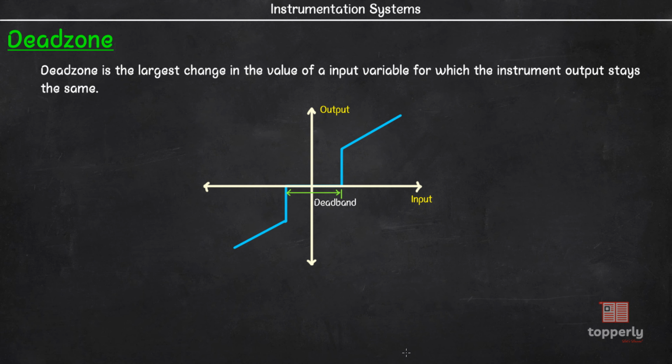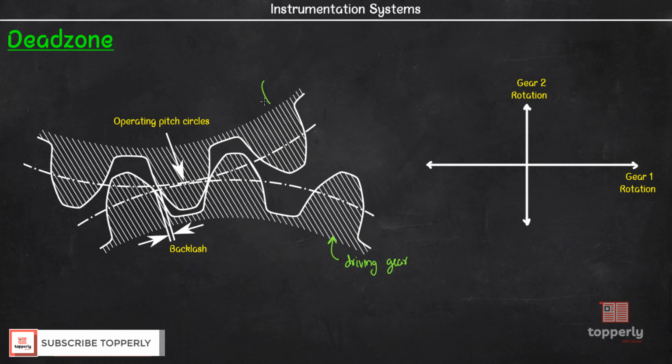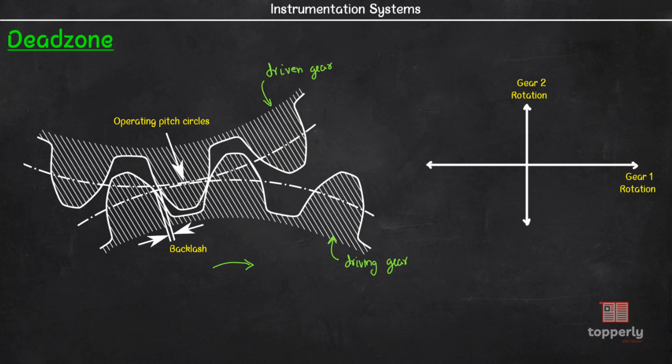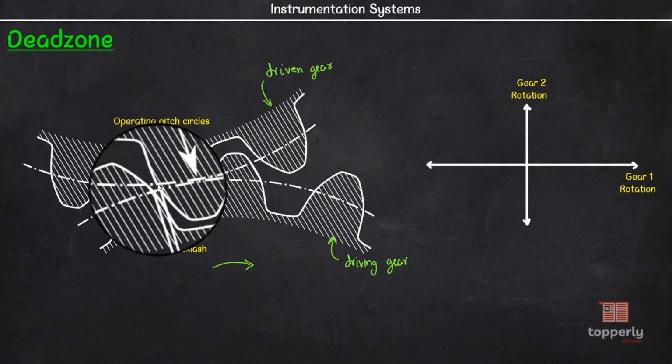Another example of deadzone is backlash in gears. Here, if this is the driving gear, and this is the driven gear, and this gear rotates in this direction, then you can see that there is a small gap between the gears initially.